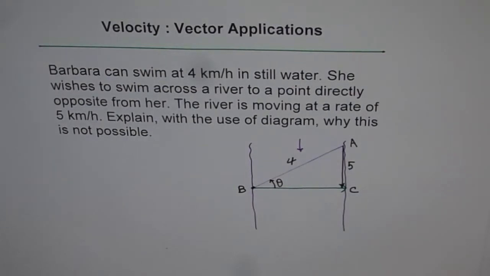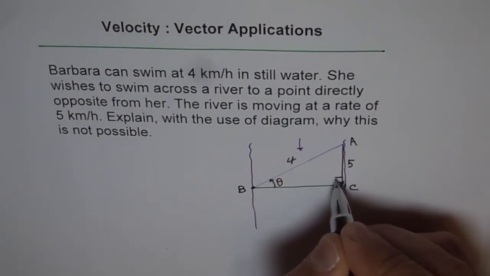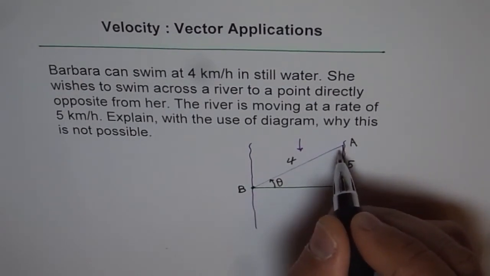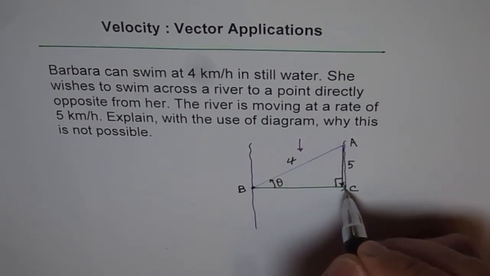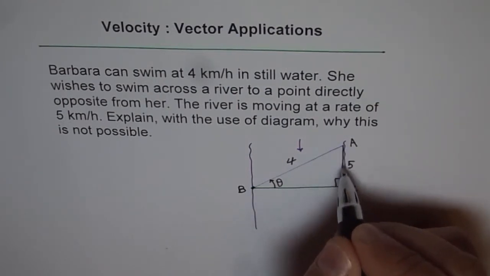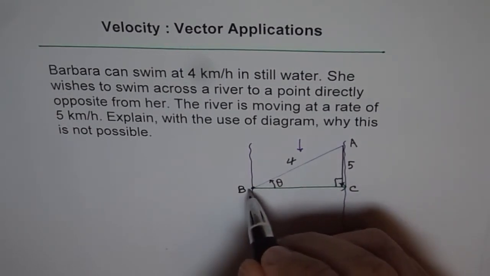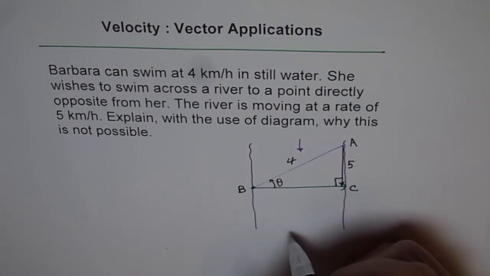Why do you think it is not possible? Well, the reason is, as you can see, this is a right triangle. Barbara wants to head towards this side and land up there. Then we can make a right triangle. Now in this triangle, the hypotenuse should be longer than both the sides.